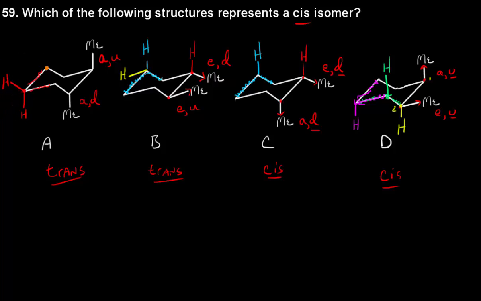Same thing for the orange carbon right here. We have one bond going up and the other bond going up, so our axial must be going up overall. And again, these are hydrogens. This hydrogen is axial, which makes a lot of sense because this hydrogen was axial and down. Since we're going one bond over, this is a down axial hydrogen and this must be an up axial hydrogen.